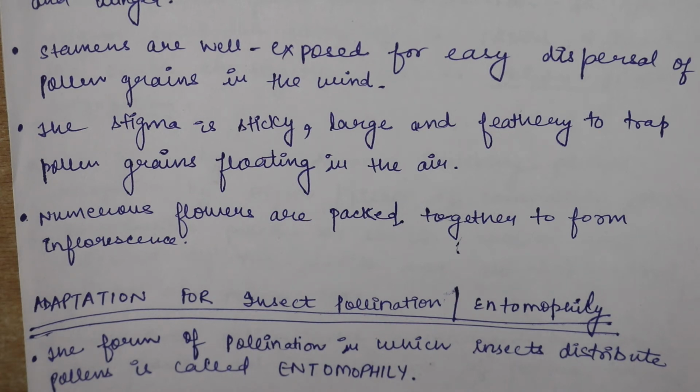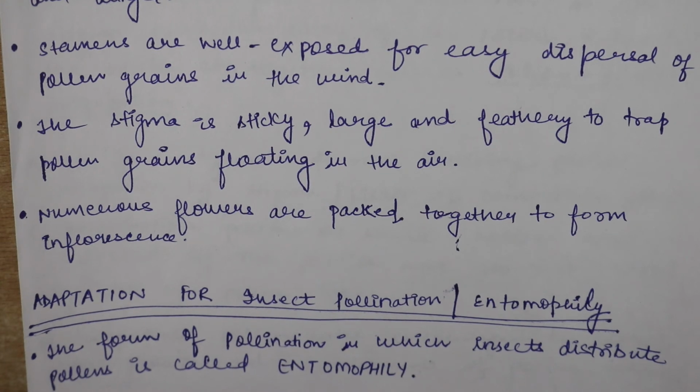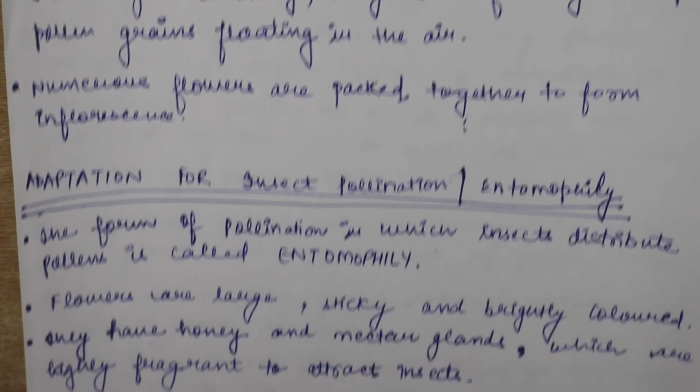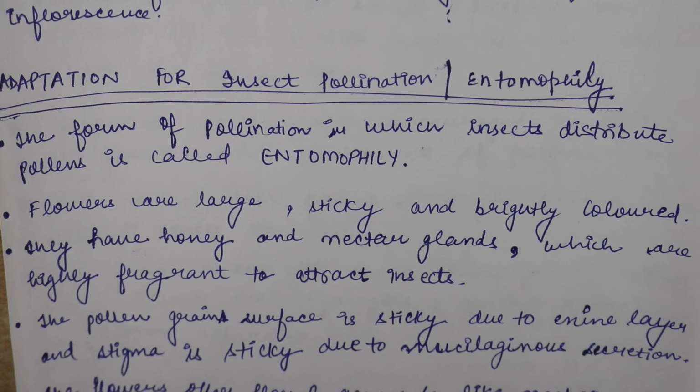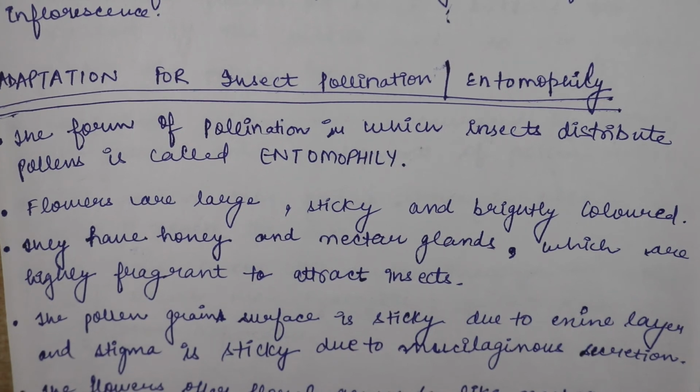Coming up to the next kind of pollination, which is insect pollination, also known as entomophily. It is the form of pollination in which insects distribute pollens. Flowers are very large, sticky and brightly colored in this.